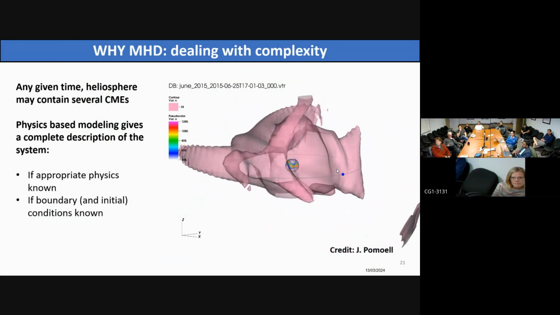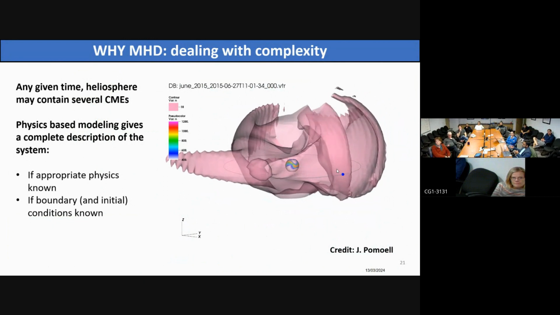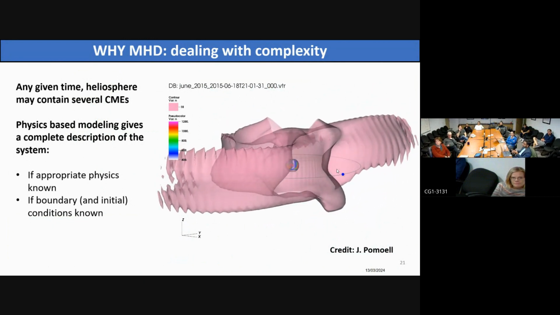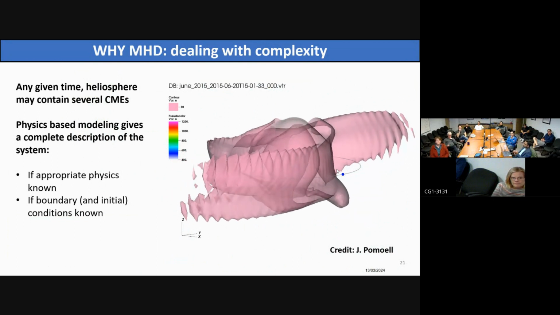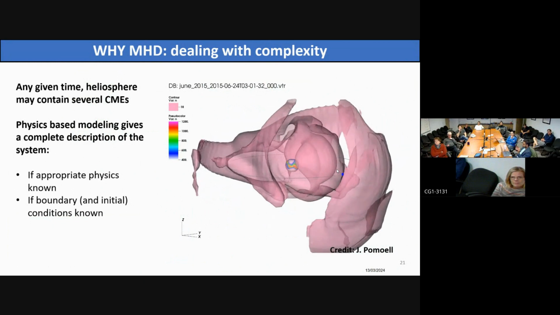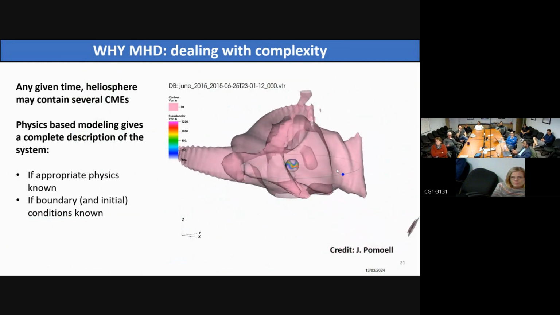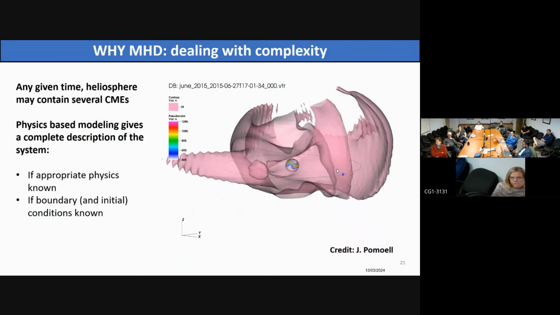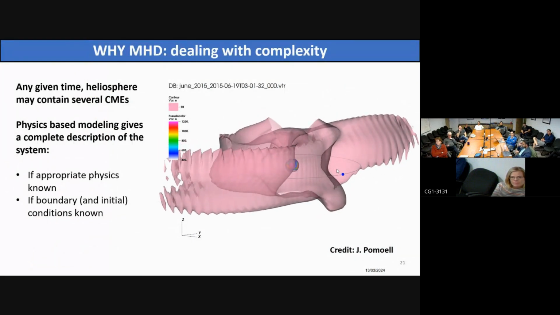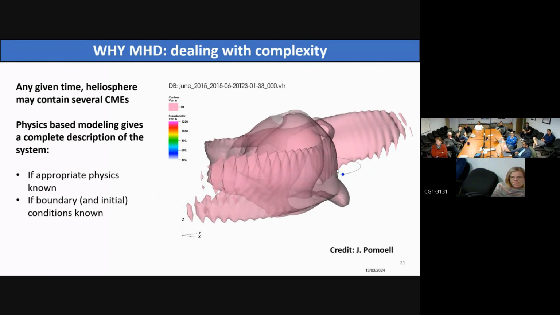Also, one CME could be interacting with another high-speed stream component of the Sun. So we need to incorporate all those physics to properly model a CME eruption from Sun to Earth, to get both the magnetic field orientation and the strength of the magnetic field of the CME correctly at 1 AU.